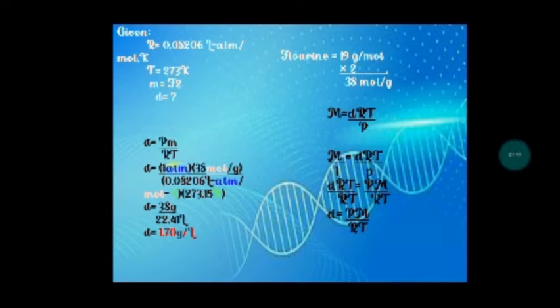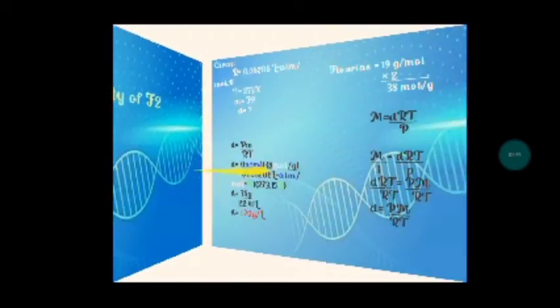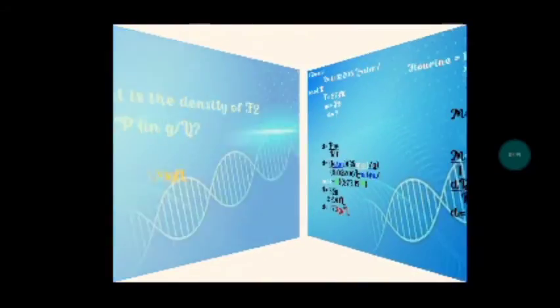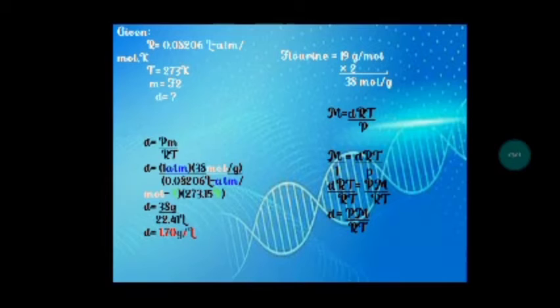So here is 1 atm multiplied by 38 gram per mole. Here, gram per mole, so it comes up 38 gram. And then here we have 0.08206 multiplied by 273.15 Kelvin, so it comes up 22.41 liters.